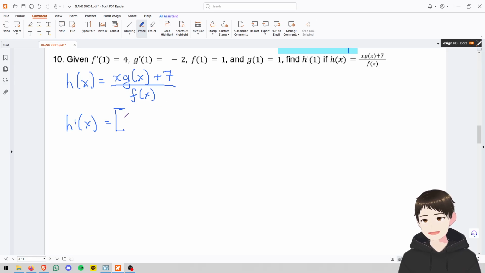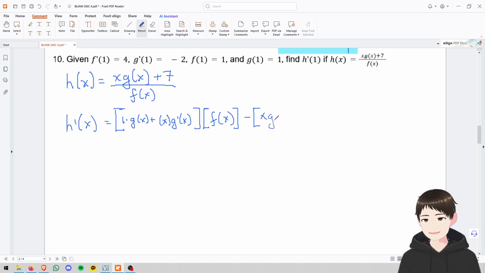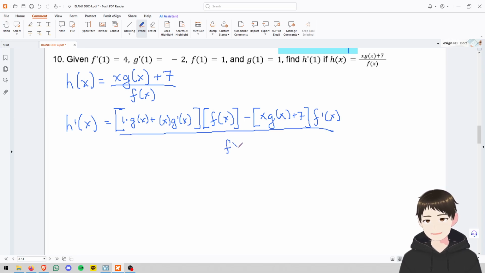So we have derive the first, leave the second, plus leave the first, derive the second. I derive that, plus 0, so I'm not going to write it. Multiply that by the bottom denominator, minus leave the numerator, derive the denominator, all over denominator squared.